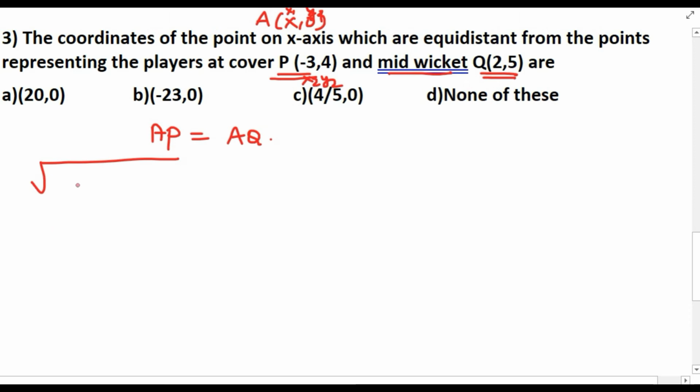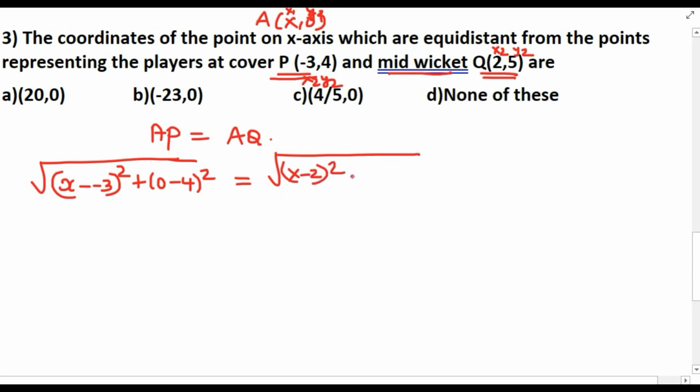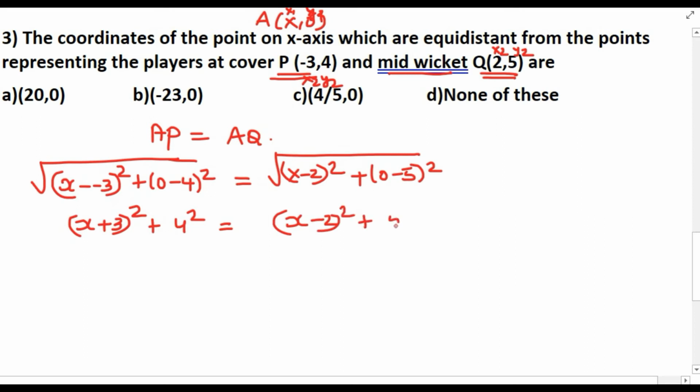So we have AP as the square root of x minus 3 the whole square plus 0 minus 4 the whole square, and AQ is the square root of x minus 2 the whole square plus 0 minus 5 the whole square, which is 5 square.